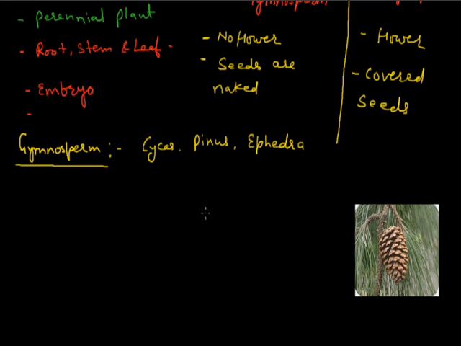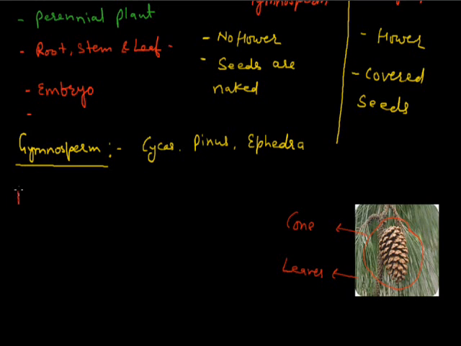Cycas and pinus are commonly found. This is a gymnosperm plant. It has cones in the place of flowers. In these plants, the structure in the place of a flower, we call the cone. So this is the cone, and these leaves are known as gymnosperm leaves.